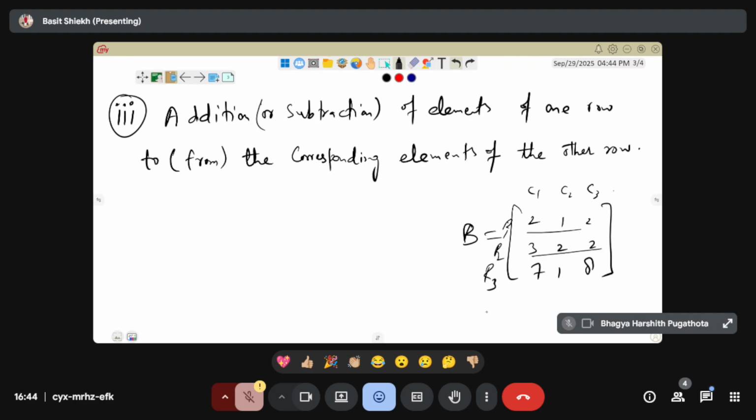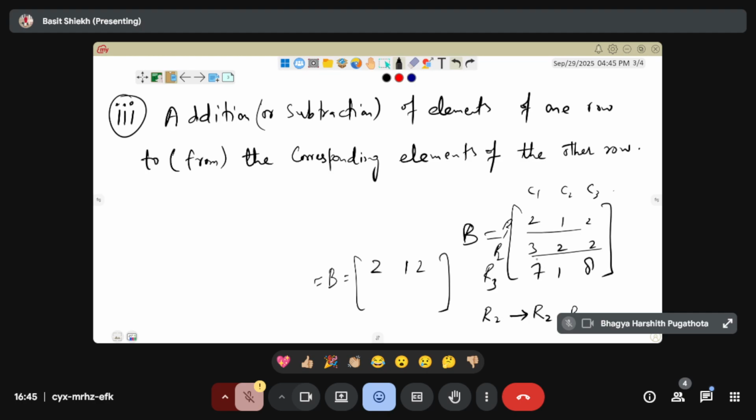So we write R2 goes to R2 minus R1. So what will our matrix B become? 2 1 2.